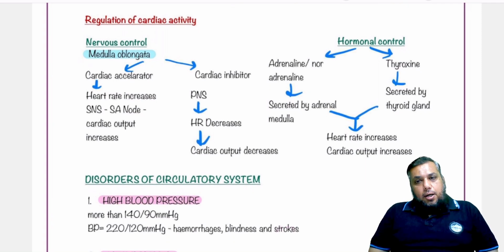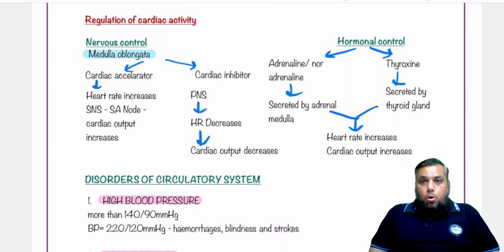So the human heart is myogenic, but can the activity of the heart be controlled? The answer is yes. It can be controlled with the help of the hormones and the nervous system. So in the medulla oblongata, there's a cardiac acceleratory center and a cardiac inhibitory center. The cardiac acceleratory center, through the sympathetic fibers, will act on the SA node, increase the cardiac output.